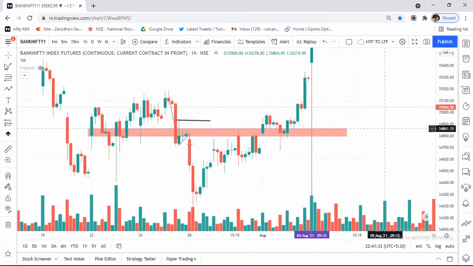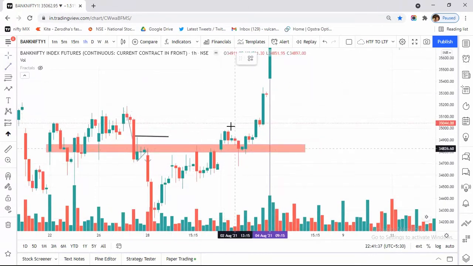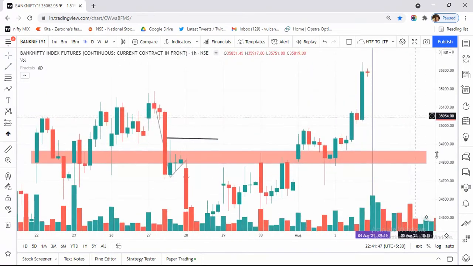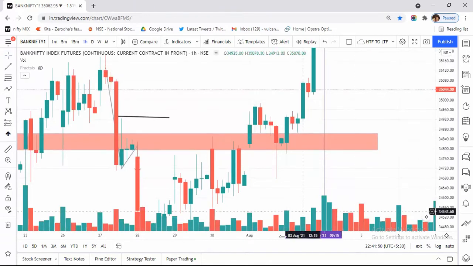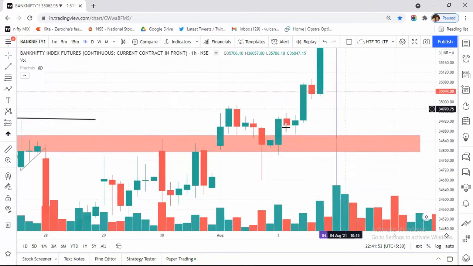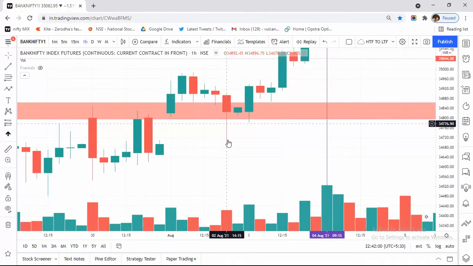And after here, when price breaks down again and comes back, can you see the rejection in the form of wick? You have to understand the market in the form of rejection, and you will never understand if you do not watch the live market. See this wick. So what happened here? Price just rejected lower prices than this supply zone.